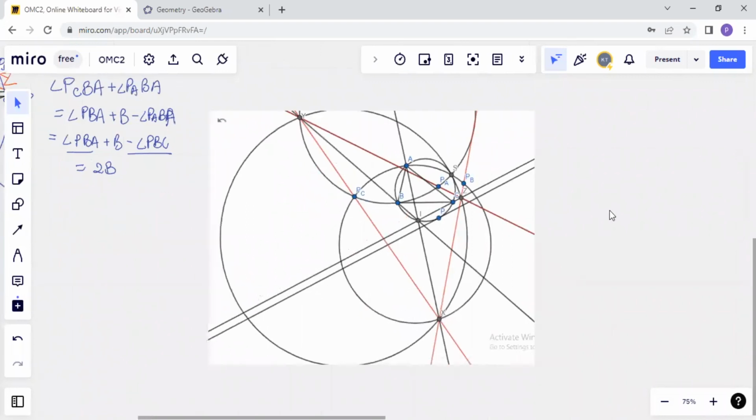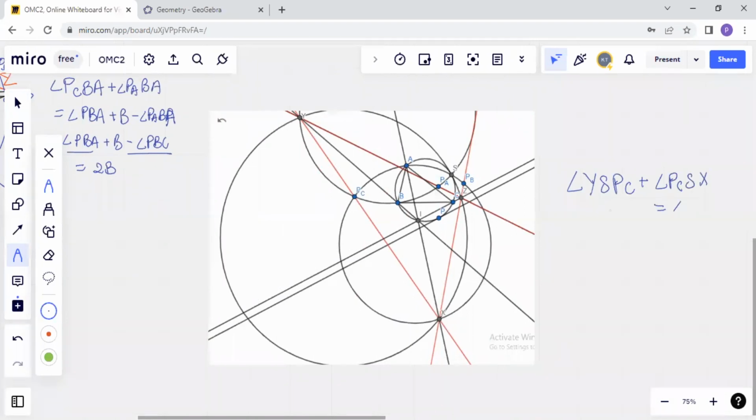Okay, perfect. So we want to prove angle YSPC plus angle PCSX is equal to angle YZX. We want to prove this.